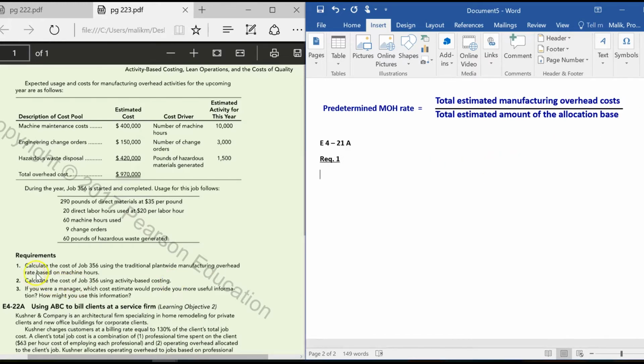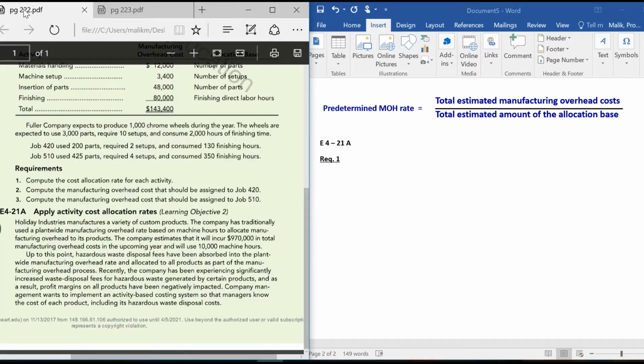So for requirement 1, we will be using one traditional plant-wide overhead rate. That means this formula. If we need to determine this overhead rate, we know the formula is total estimated manufacturing overhead cost divided by total estimated amount of allocation base. That means instead of considering the cost of every activity, we will consider the total amount of estimated overhead costs, which is actually given in our previous page.